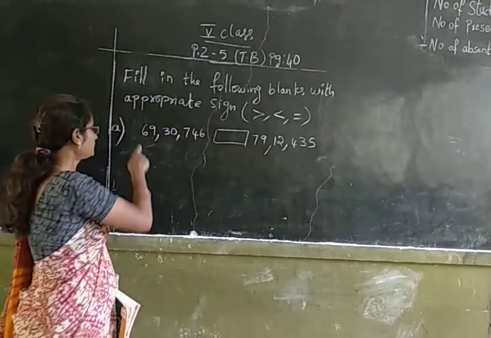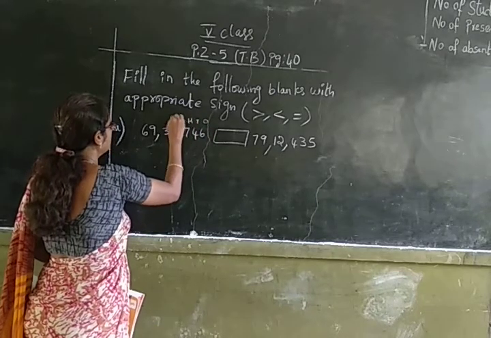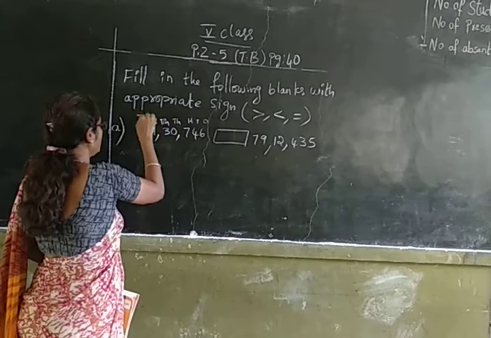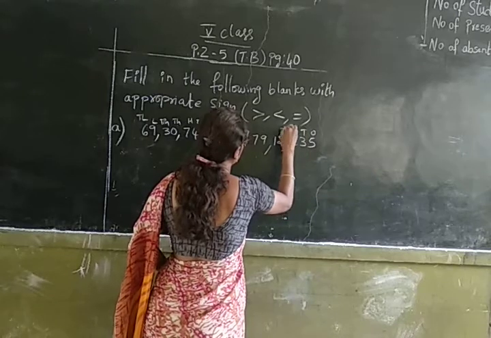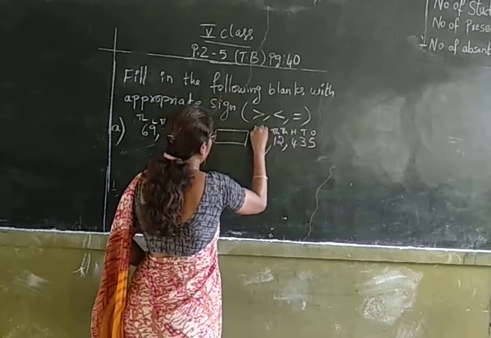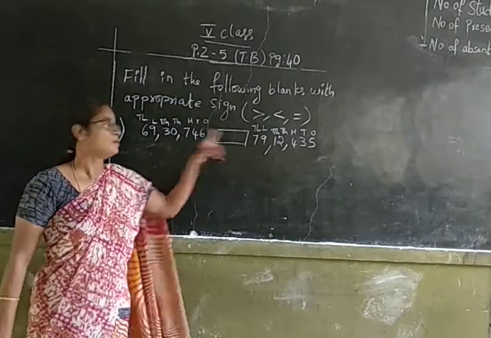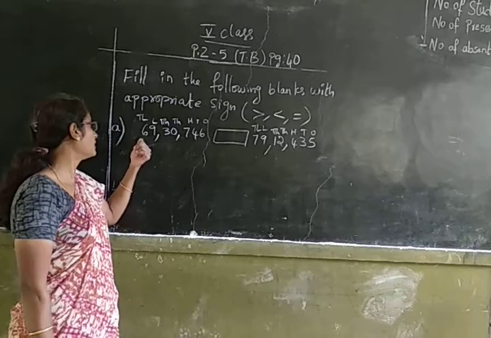Here, in ones, tens, hundreds, thousands, 10,000s, lakhs, 10 lakhs.